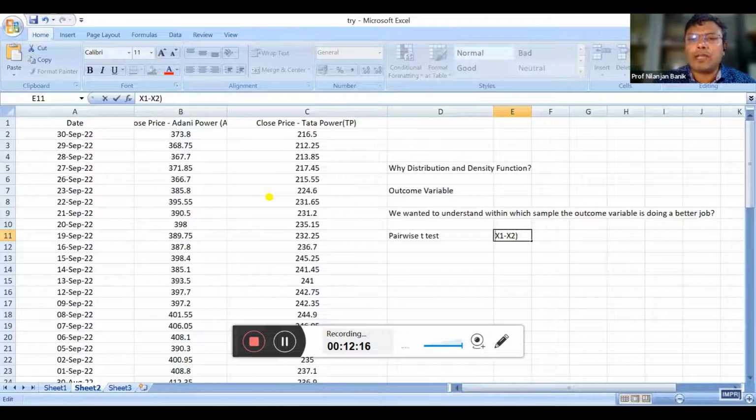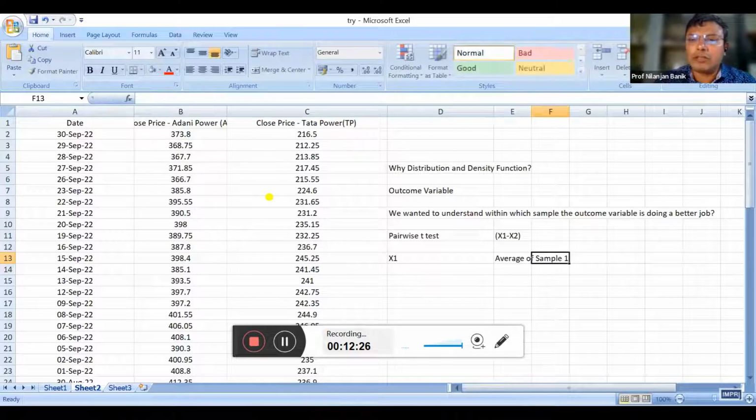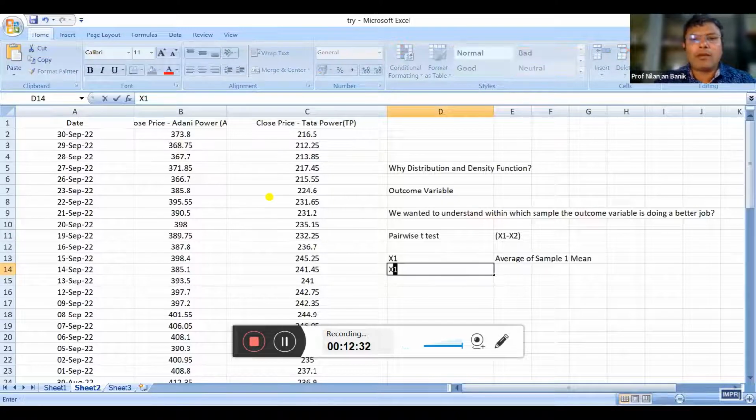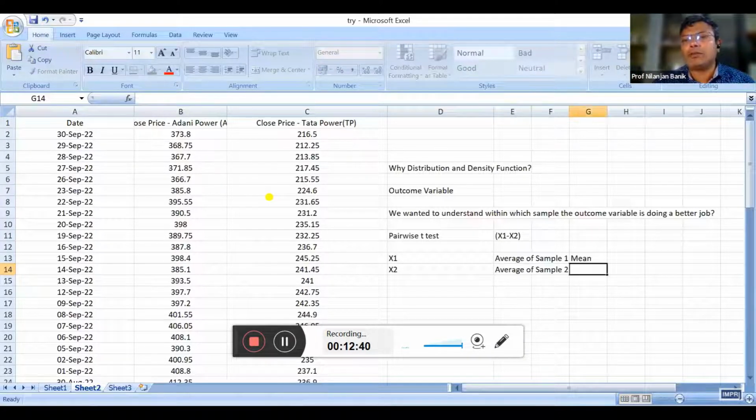So what is x1 bar? x1 bar is the average of sample one, which is also the mean of sample one. Okay, this is what we were discussing. x2 bar is again the average of sample 2, which also means it is the mean of sample 2.